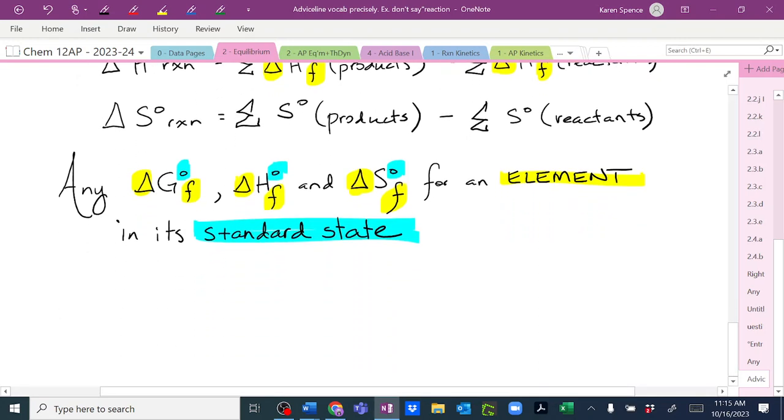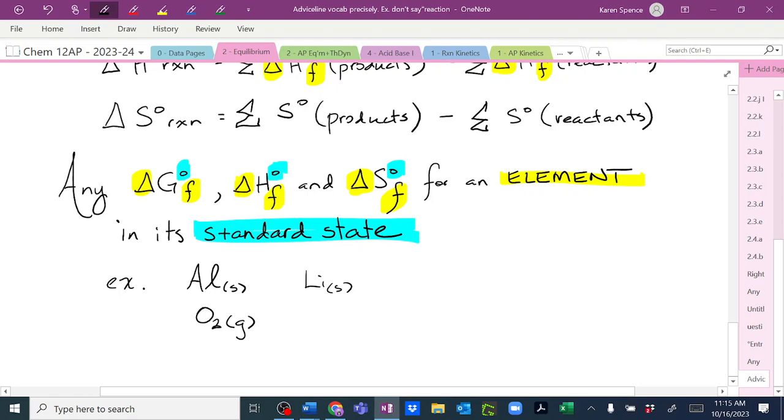What is the standard state for aluminum? What's the standard state for oxygen? What is the standard state for lithium?